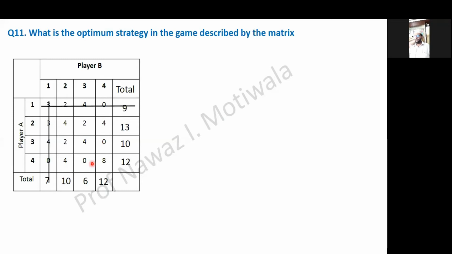The dominance rule says first we have to check for pure dominance, which we have already seen. If one row completely dominates another row, or one column completely dominates another column, then cancel the dominated row or column. But what if we are not getting proper dominance?